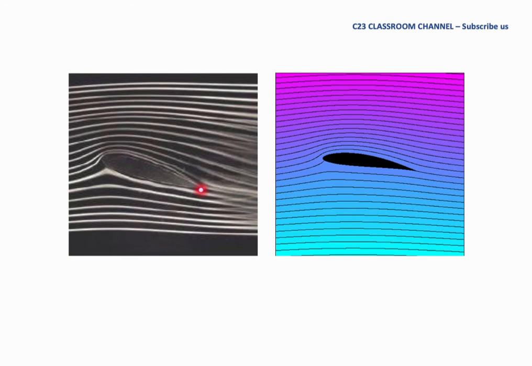We call it an aerofoil. So we put an aerofoil in the wind tunnel, and then we use a smoke generator, and we could have a lot of horizontal lines, which is the psi or the streamline. In reality, in the wind tunnel, it shows like this.